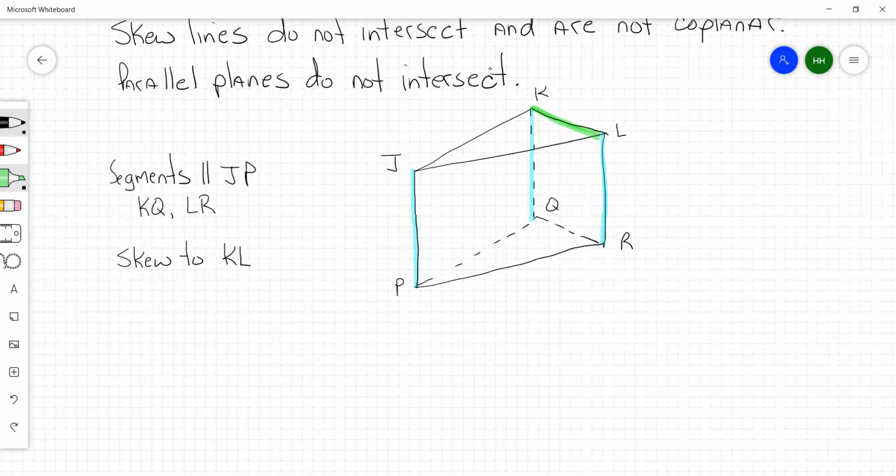Skew to KL. Doesn't intersect with it, and it's in a different plane. All right, QR would be parallel to KL. But skew to KL, that would be JP.